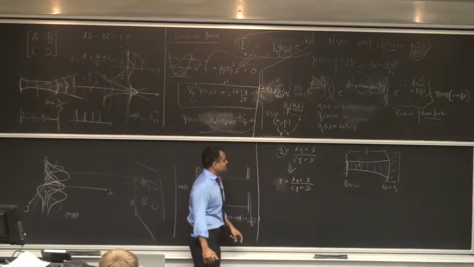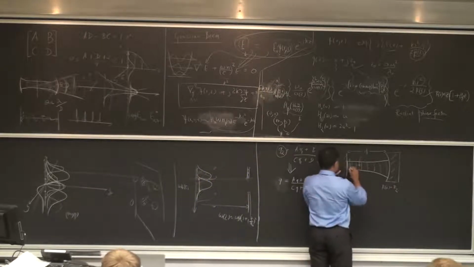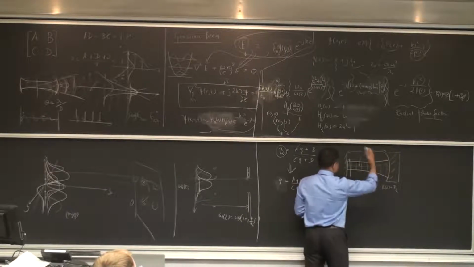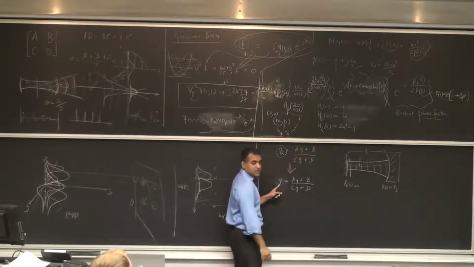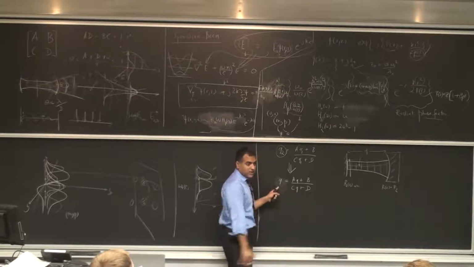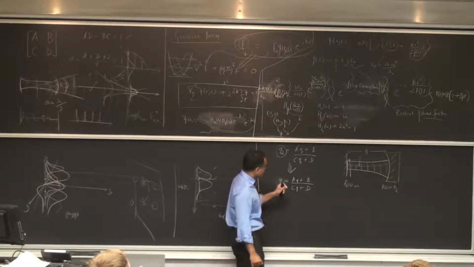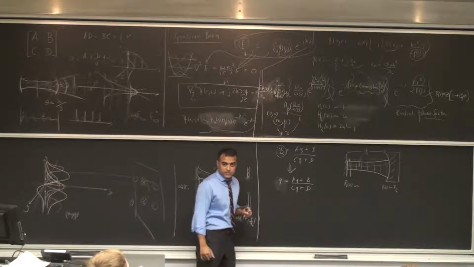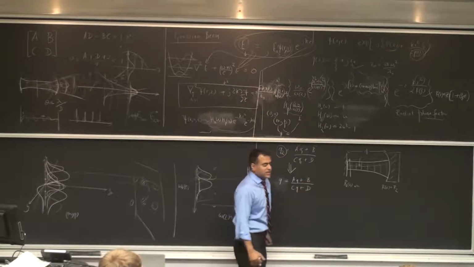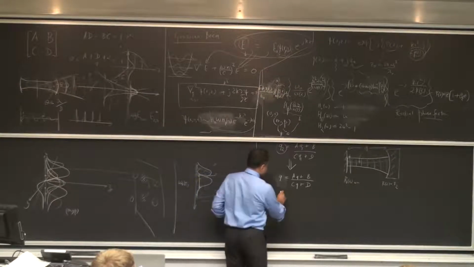If you start out here, come around, come back here, get your ABCD matrices for that trip, then it must satisfy this. If it doesn't satisfy this, it's not an allowed mode in that cavity. So the only modes allowed in that cavity are the ones that satisfy this. The ABCD parameters are very easy to get. You'll get a few more problems to practice, but it's very easy, and it's a nice result.